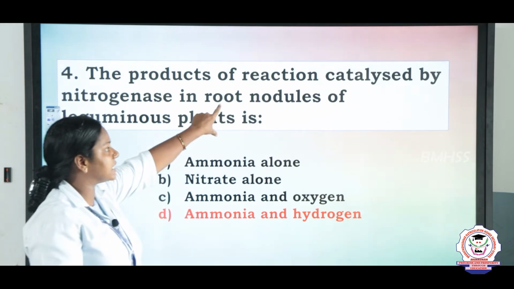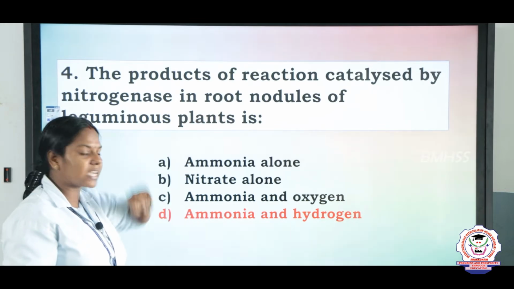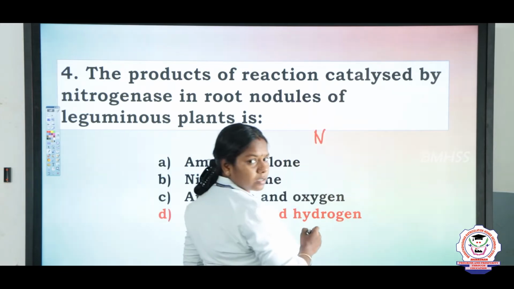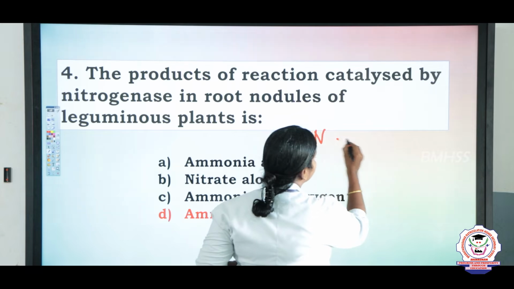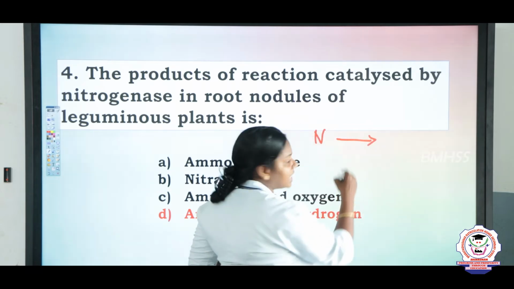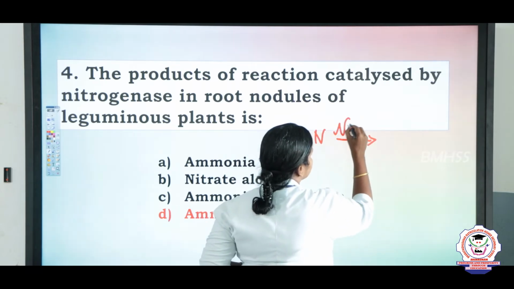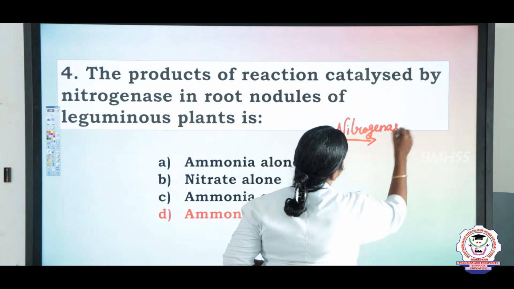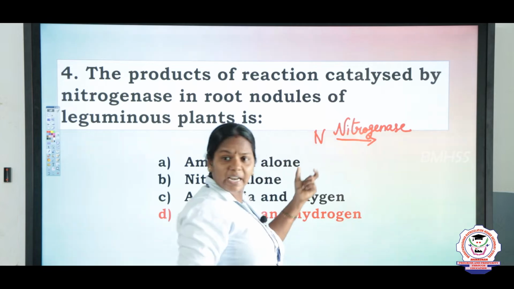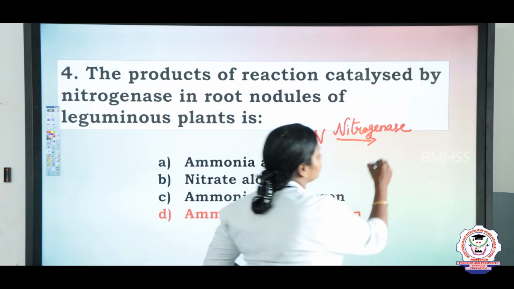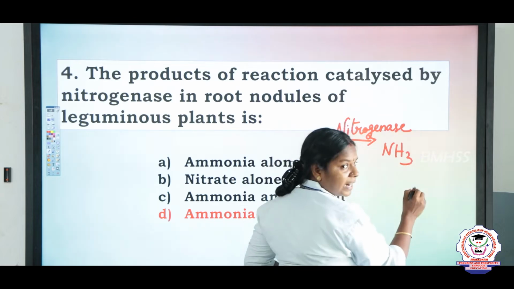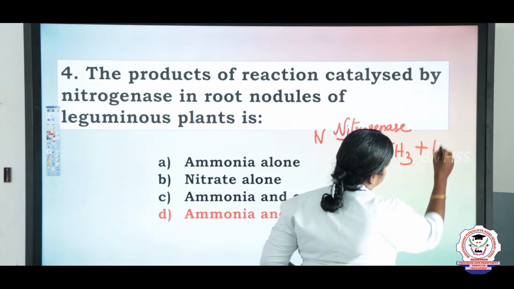And they have asked for the reaction. The first reaction is that, with the help of the enzyme nitrogenase, the atmospheric nitrogen will be converted into ammonia and hydrogen. Ammonia and hydrogen.